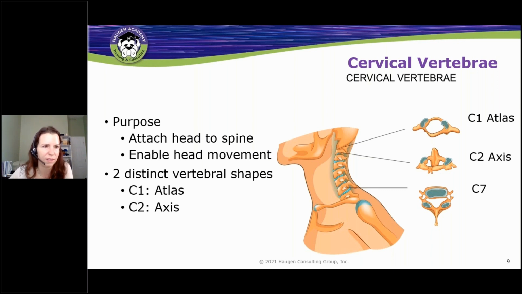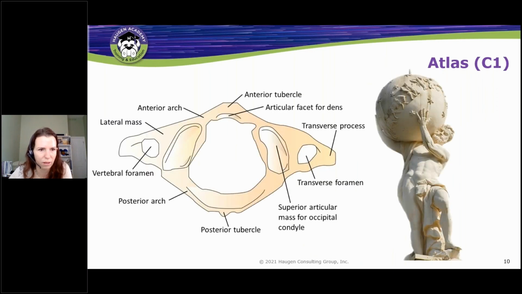It's just ingenious. And this next slide, we kind of dig into this C1, or the atlas. And by the way, Atlas comes from the Greek term Atlas, who was the Titan of Greek mythology who supported the heavens and whose picture appeared on the front of early atlases.